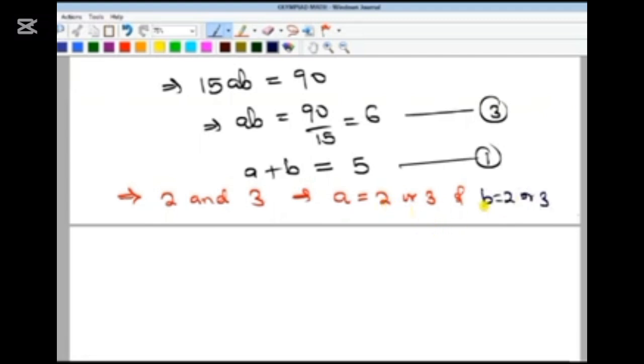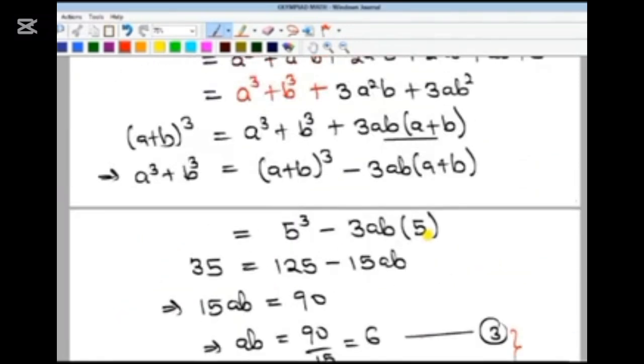When my a is 2, my b is 3, and when my a is 3, my b is equal to 2. Each of these will satisfy the two equations that we have here. But recall that they did not ask us to find a and b.